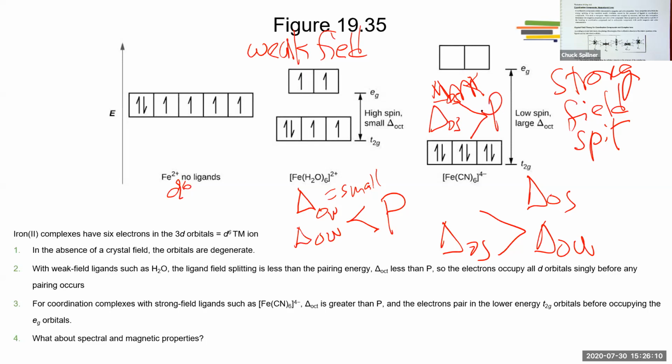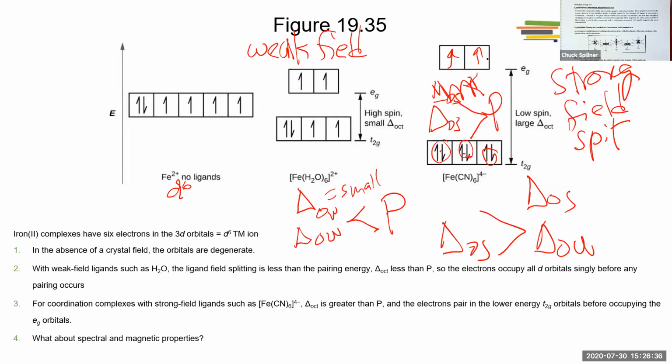So what's going to happen is you're going to put 1, 1, 1, and then you'll pair them up before you start adding electrons up here. Now we only have 6 electrons, so we put 6 electrons in the lower energy orbitals first.